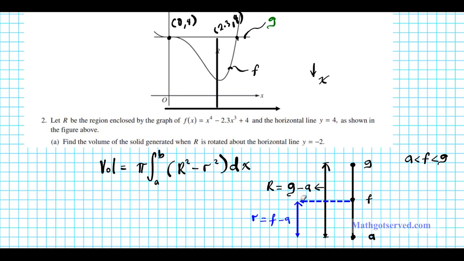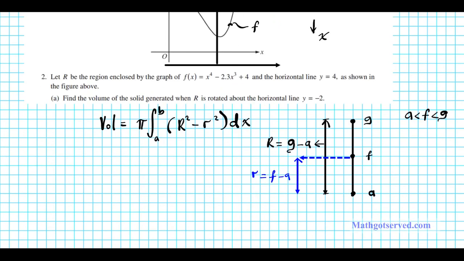Now that we have our outer radius and inner radius, we're just going to put them into our formula, and that will help us calculate the volume of the solid. All right, so let's go ahead and do that. Our volume is going to be pi times the integral with limits x equals 0 all the way to x equals 2.3, times bracket, let's see, what is A?